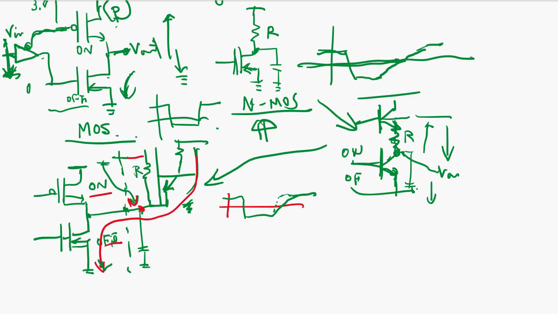We can do this. The only problem is the bipolar transistor, when it saturates, it goes all the way down here, and there are no more depletion layers. It's all filled up with carriers, and when you shut off, this voltage cannot go up high quickly. It goes very slow.